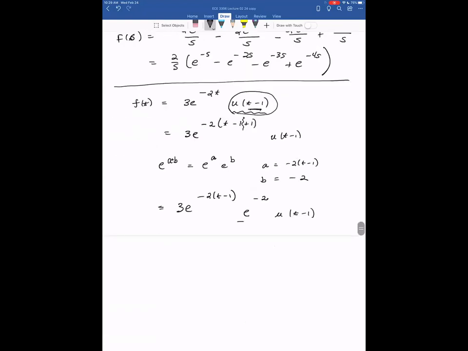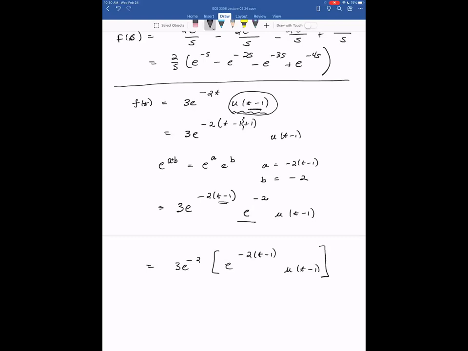This second term is just a constant, a number, so I'll leave it as e to the minus 2 rather than plug it in. This term is my time shifted function. So let's pull out the 3e to the minus 2, and I have e to the minus 2 times t minus 1, u of t minus 1.